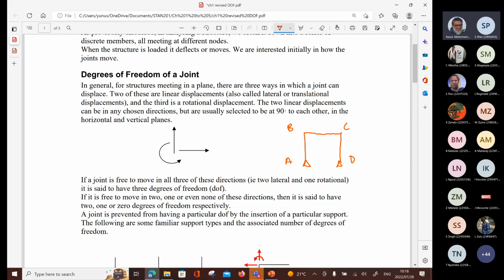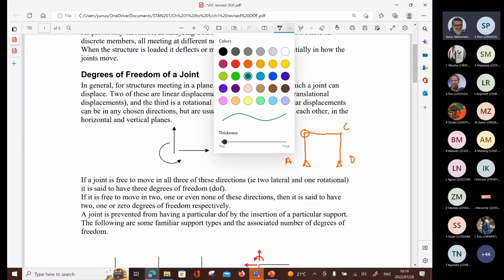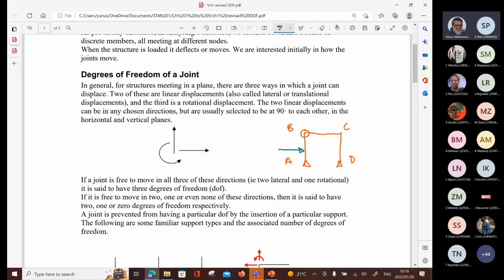If I look at joint B, for example, keeping my focus and attention on that, and I load it with, let's say, a force here, then I can see that this is going to deflect like that almost.